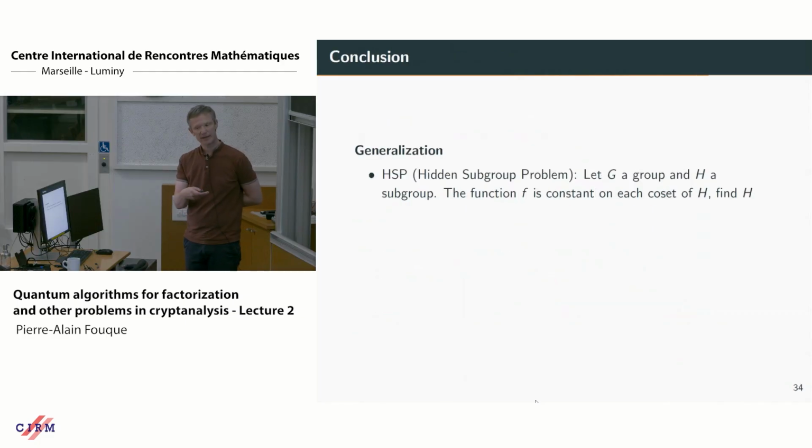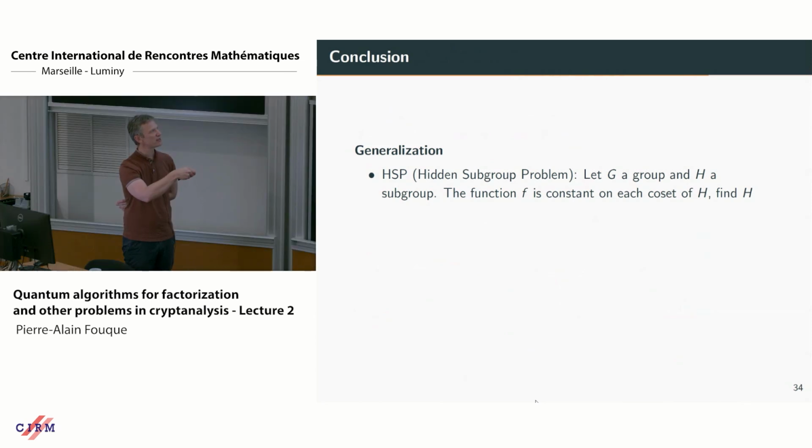So you see that Shor's and Simon's algorithms can both be described by what is called the hidden subgroup problem. You have a group and a subgroup H of this group, and you have a function that is constant on each coset of H. The coset is just the set of all elements that we have for the first register.